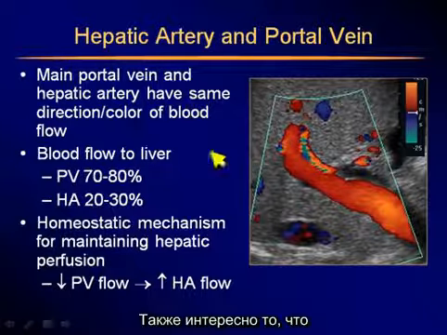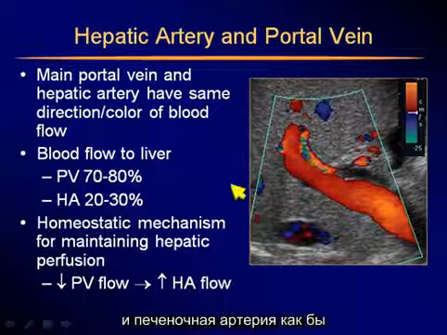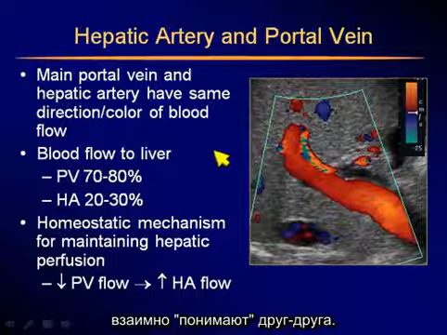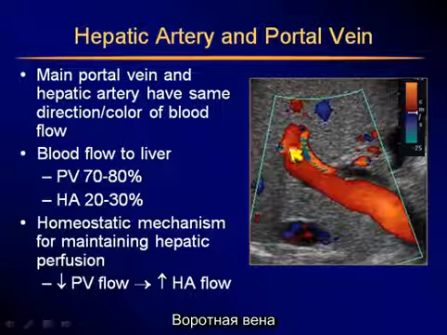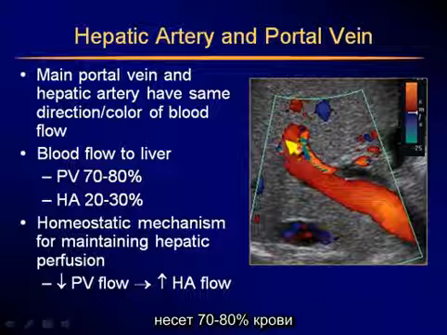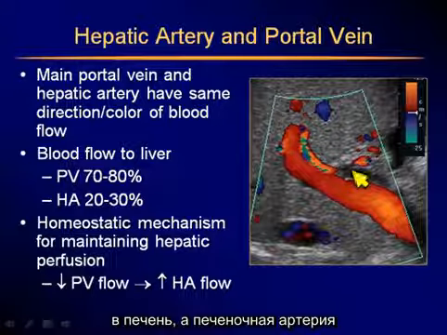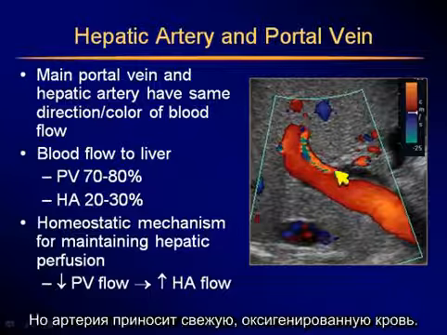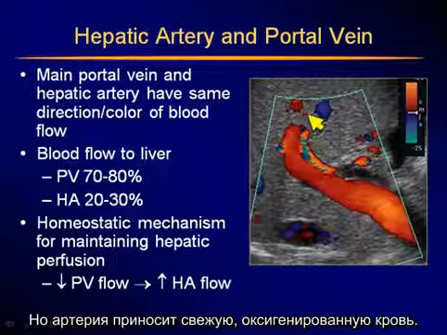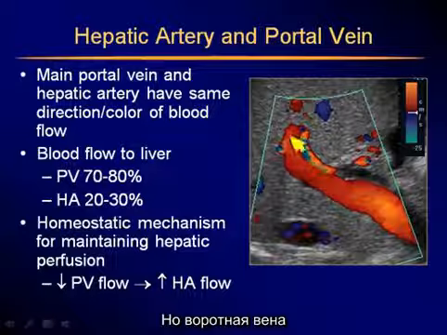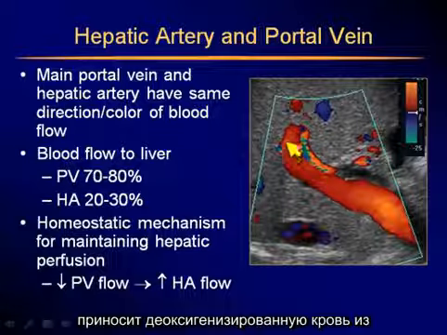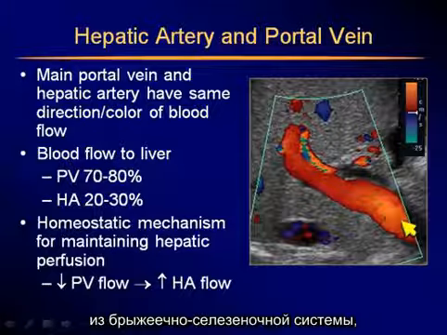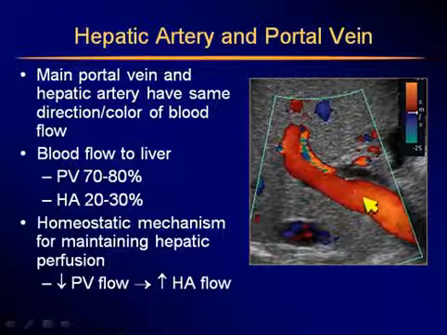It's also interesting that the portal vein and the hepatic artery sort of have a mutual understanding between themselves. The portal vein carries 70 to 80% of the blood into the liver, whereas the hepatic artery only brings in 20 to 30% of the blood flow. But the artery brings in the fresh oxygenated flow, but the portal vein brings in deoxygenated flow from the splenomesenteric system.